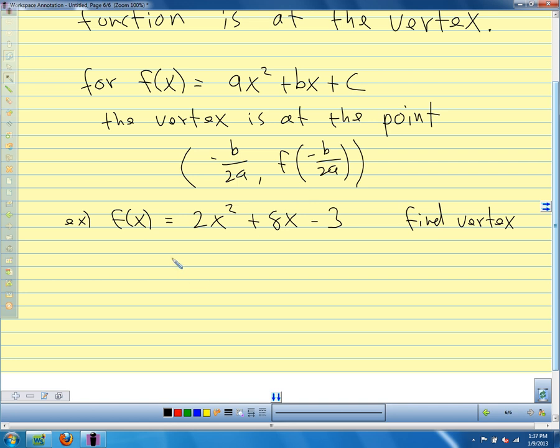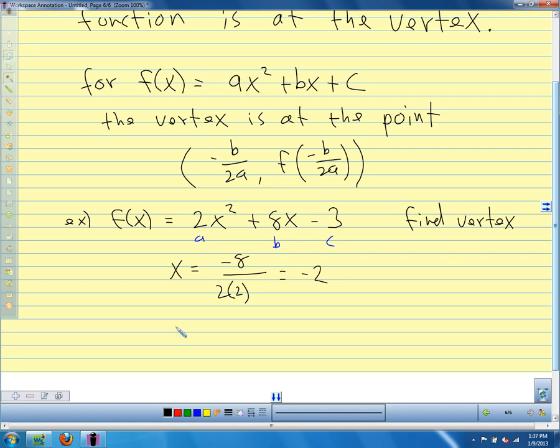The x value is negative b, negative 8, over 2a. This is a, b, and c. So negative 8 over 2 times 2, or negative 2. So the x coordinate of my vertex is negative 2.